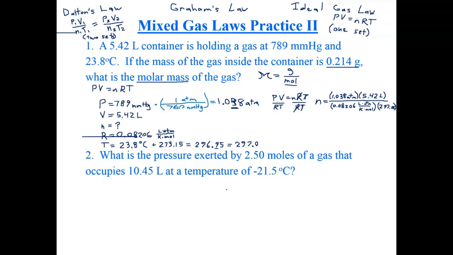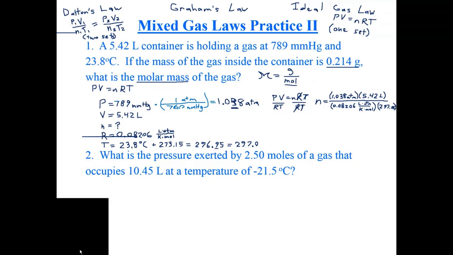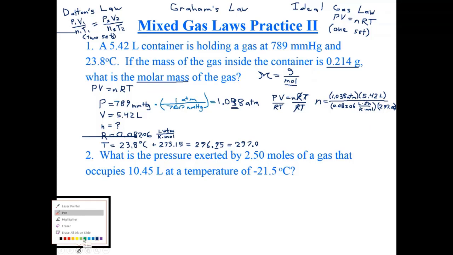One of the cool things you'll notice here is if you write all your units, units can really be a guide as to whether or not you've done the problem correctly, because they should always cancel out to give you the unit that you want. I have liters, cancel out here. I have ATM, cancel out here. I have Kelvin, cancel out here.